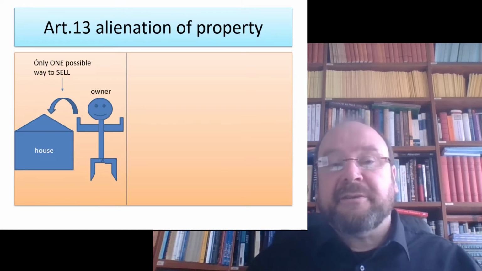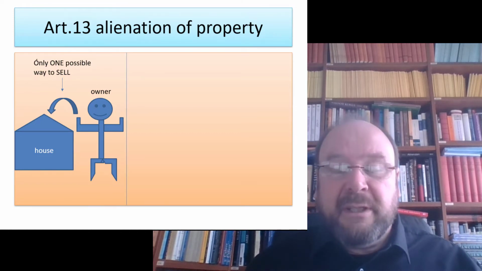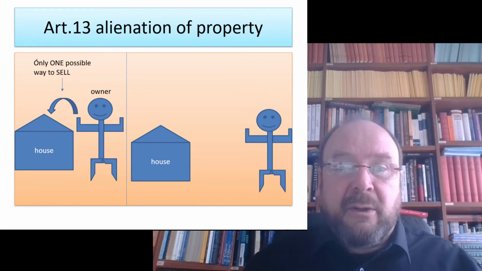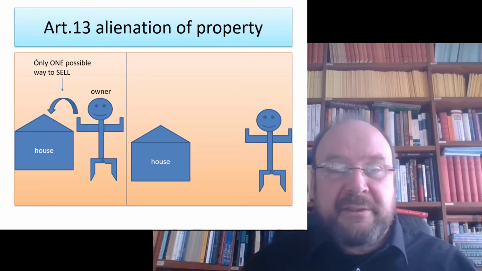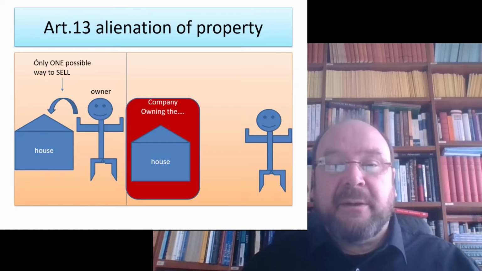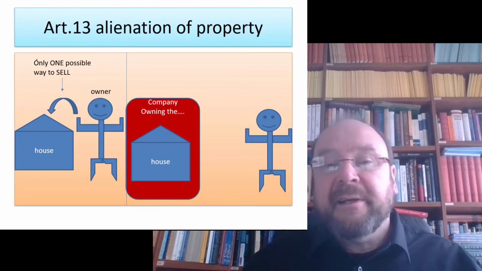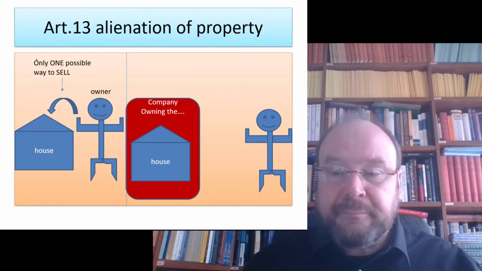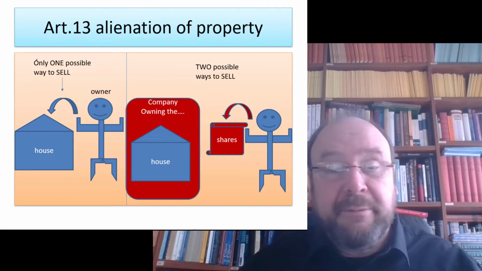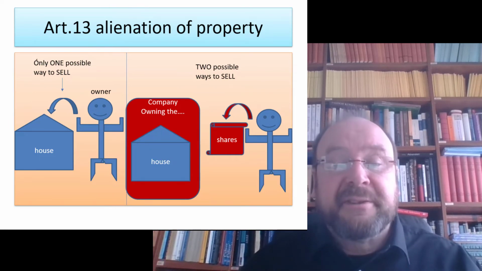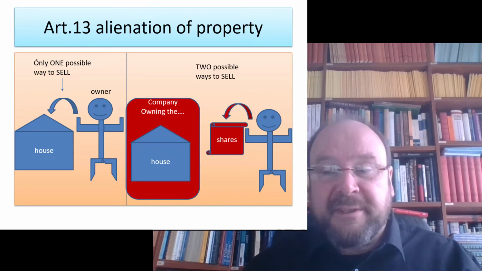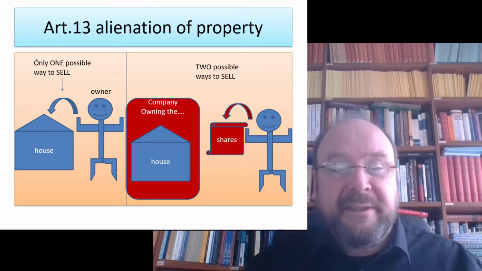The other alternative construction would be, we have again the house, we have the owner, and now we construct, establish, or however you call it, a company which owns that house. 100% of the house are owned by the company, and the owner owns now 100% or 99.9, must be generous, percent of the shares. Now you have two possible ways how you can realize a sale.